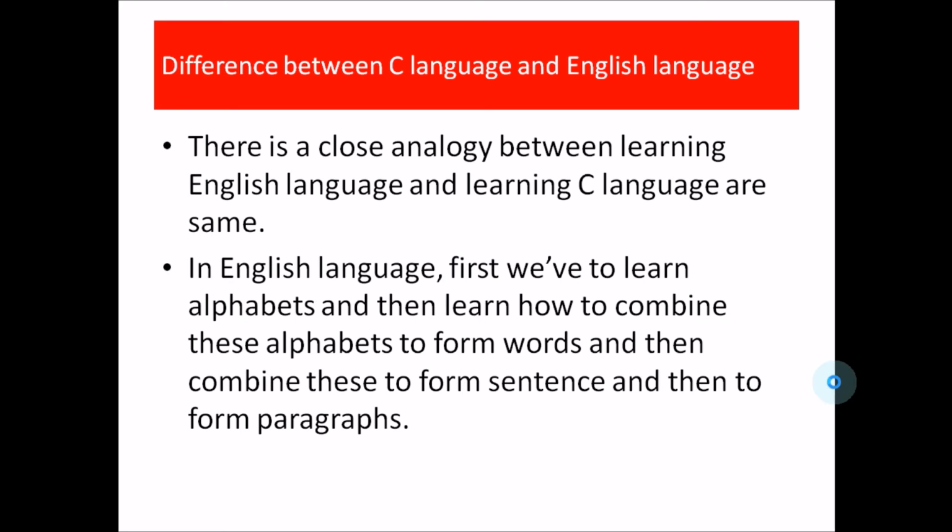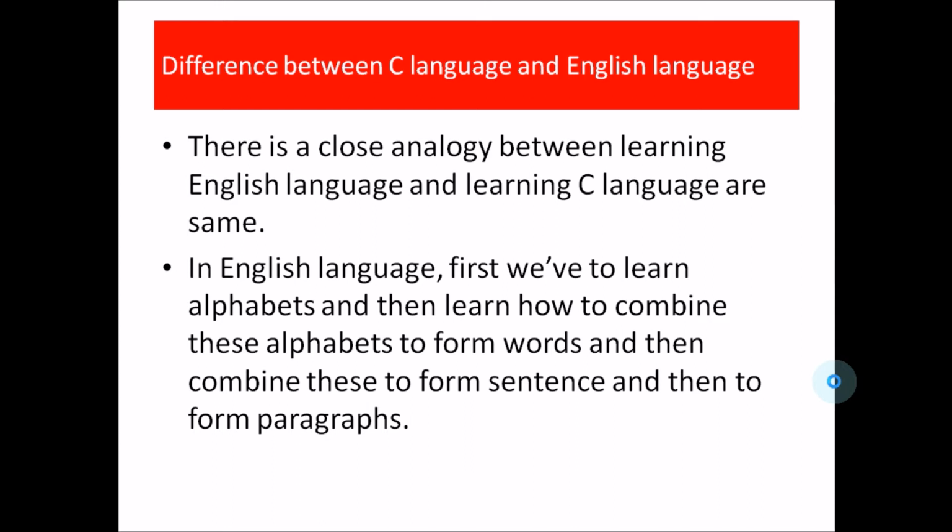So, the difference between C language and English language. There is a close analogy between learning English and learning C. In English, first we have to learn alphabets and then learn how to combine these alphabets to form words, then combine these to form sentences, and then to form paragraphs.